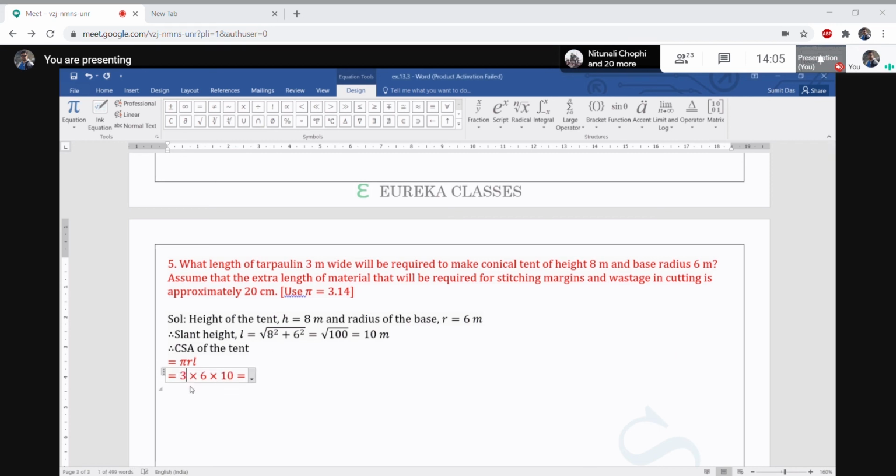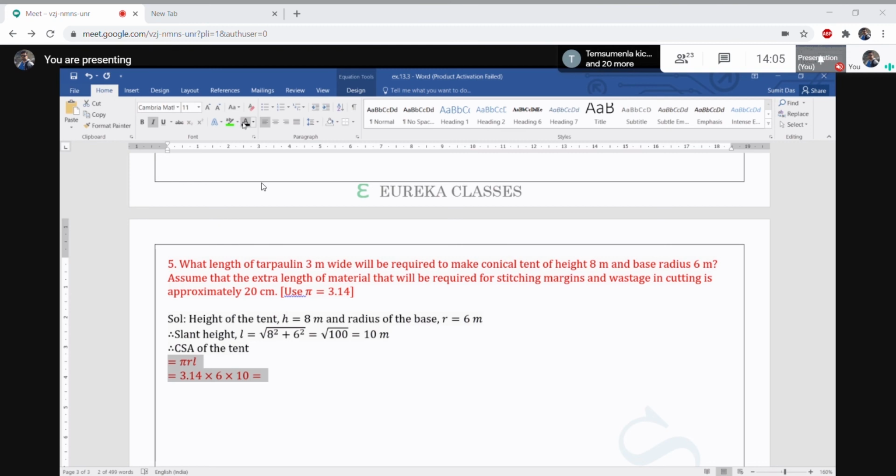We have to use pi equal to 3.14, so that's something you have to remember. This is not like the previous one, I was making a mistake. So if you simplify this, it will be 188.4 meters square.